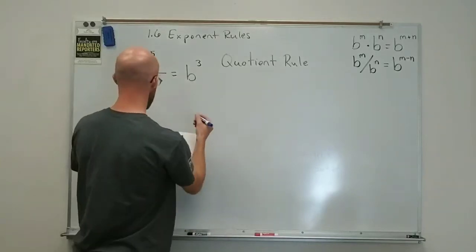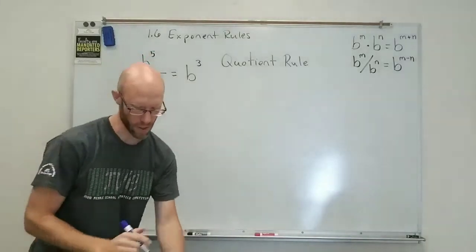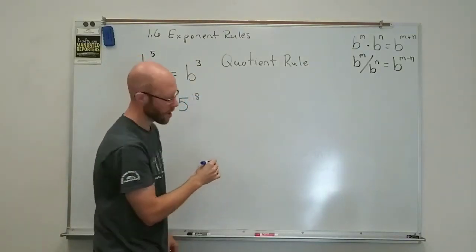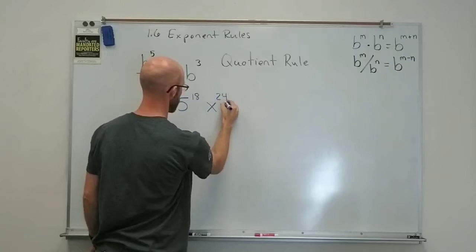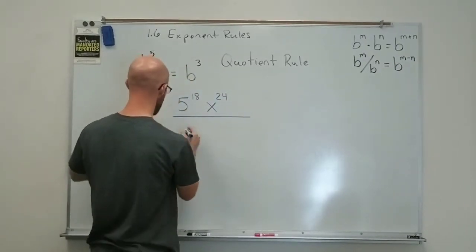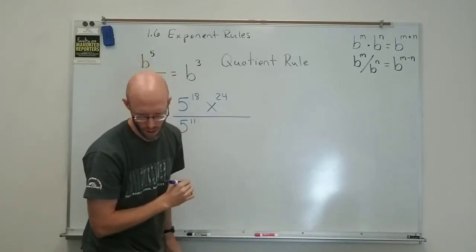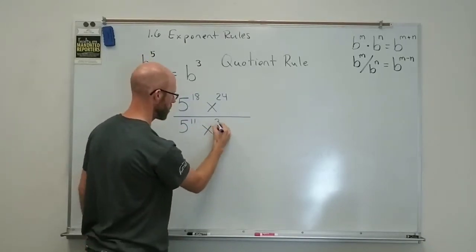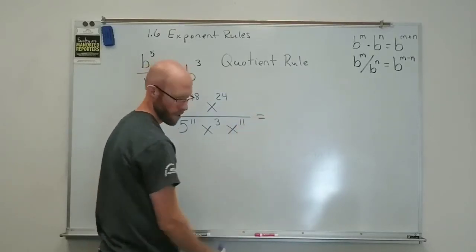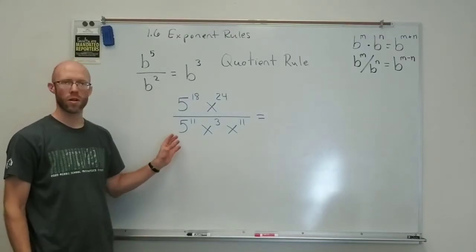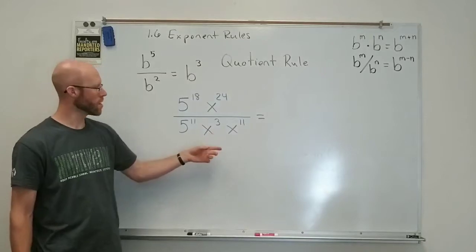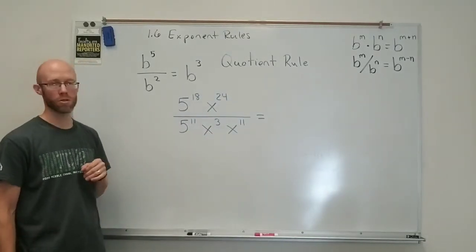So a quick example might be something like 5 to the 18th power times x to the 24th power over 5 to the 11th, x to the 3rd times x to the 11th, okay? And so in this one, we've got a combination of a couple things. We've got a product down here in the denominator, and we're gonna have some quotients, okay?